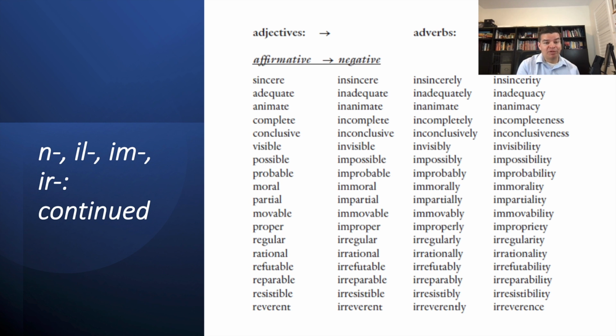I'm not going to read them. There are many. We'll just take a look at a few of them. Sincere, insincere, conclusive, inconclusive, partial, impartial. So you see how phonetics and morphology go hand in hand.